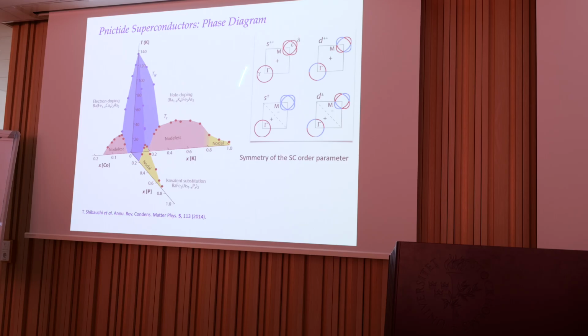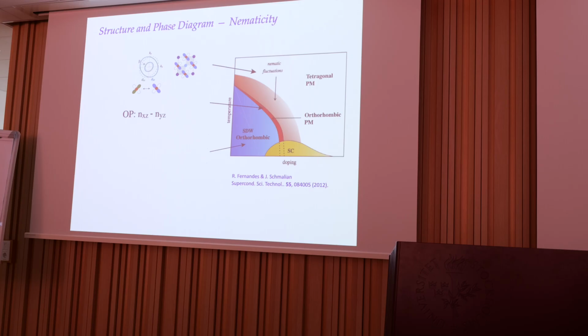And then there was a whole discussion about what the other parameters are here, that some simple combinations are proposed, but it's not limited to that. All right, so I mentioned the dxz, dyz orbitals.